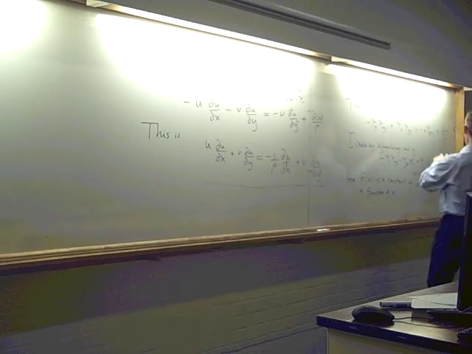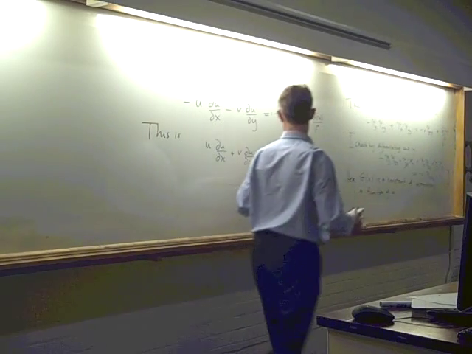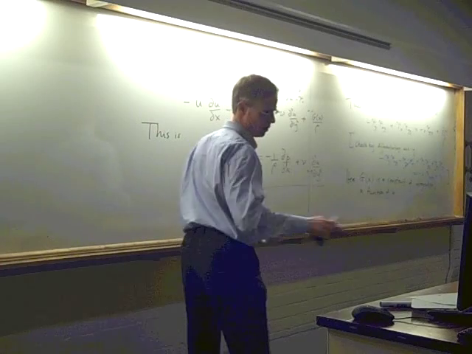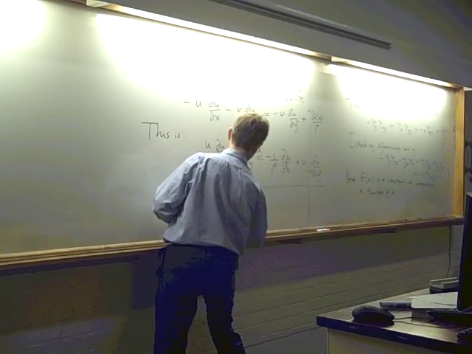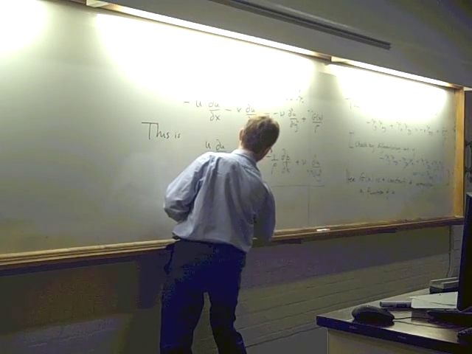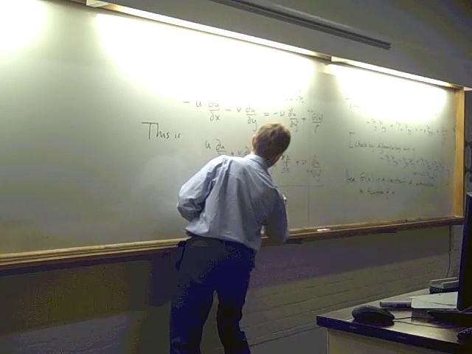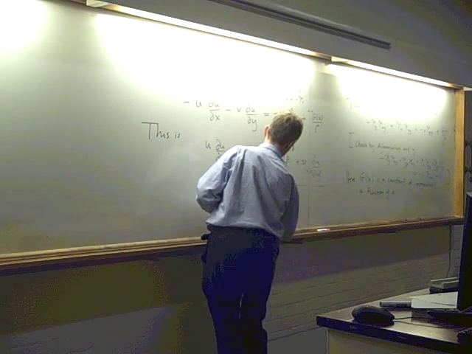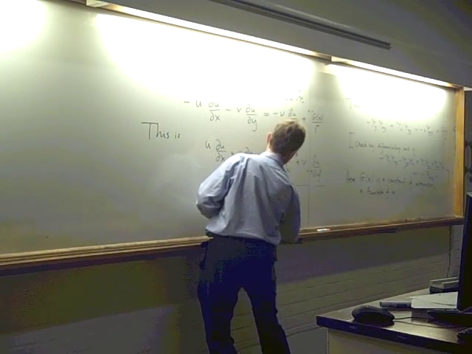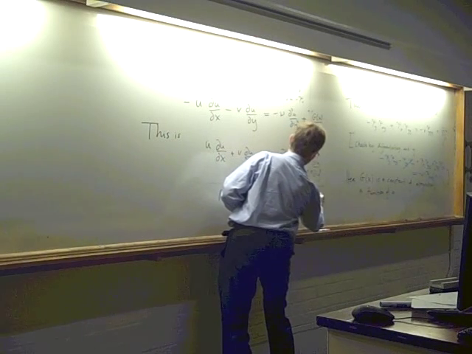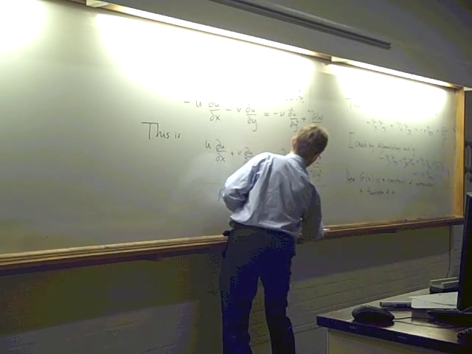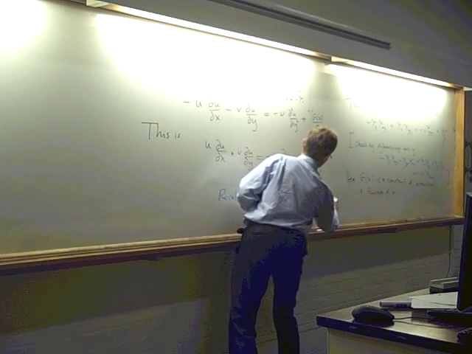So let's make various notes. First of all, let's stick over here. So recall Navier-Stokes is du by dt plus u dot grad u minus grad p over rho plus mu del squared u.